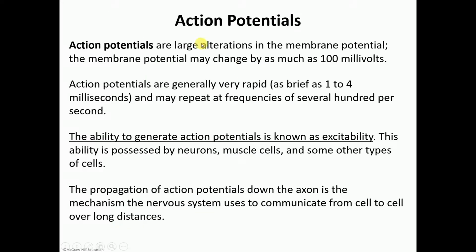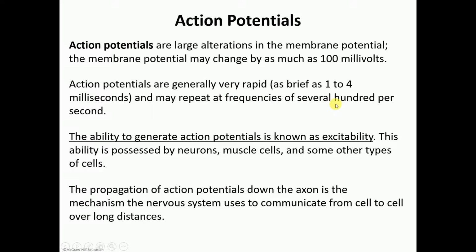An action potential is a large change in the membrane potential. You have to reach that threshold of -55, and then it'll keep on depolarizing, and it can go all the way up to maybe even positive 100 millivolts. They are very fast. They could happen in 1 to 4 milliseconds. And they can repeat at very high frequencies, maybe about 100 per second.